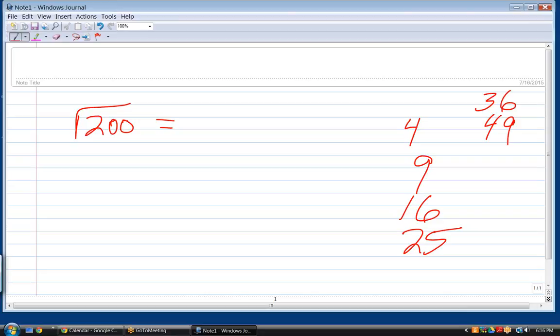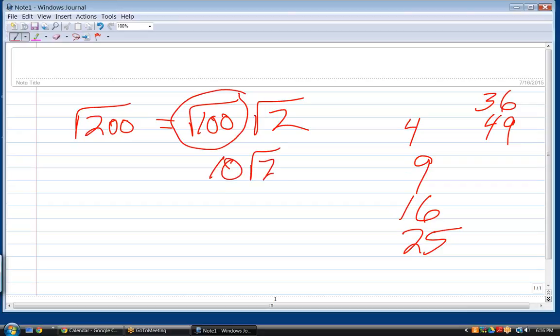You could do 50 and 4, but there's a better one. You just gave me the answer. What's the square root of 100? 10. So let's make this the square root of 100 times the square root of 2. 2 times 100 is 200. And then I know that that is 10, so it's 10 root 2. So that's how I do the square root of 200.